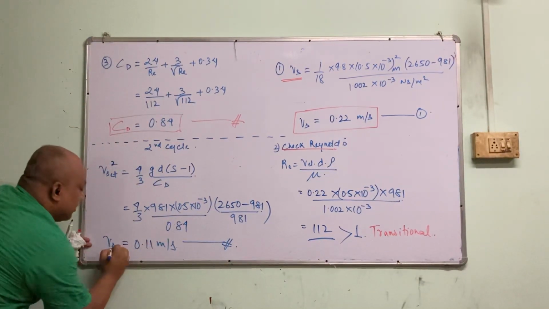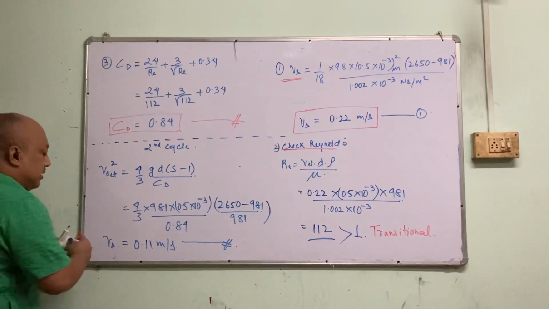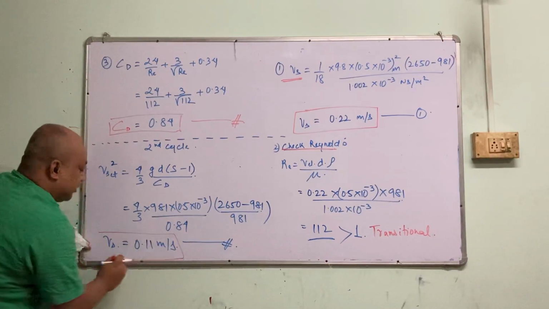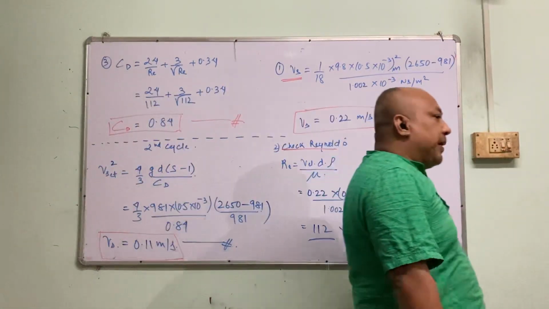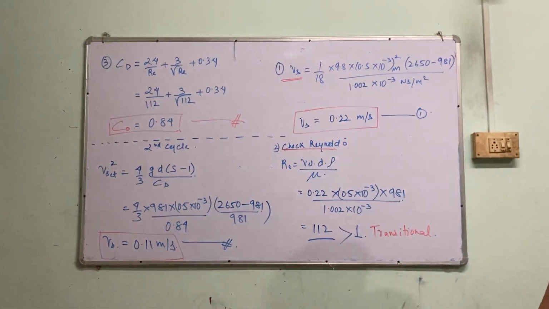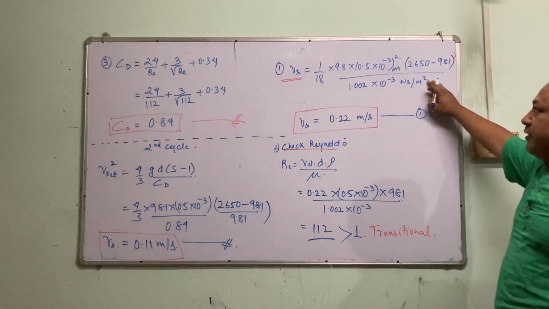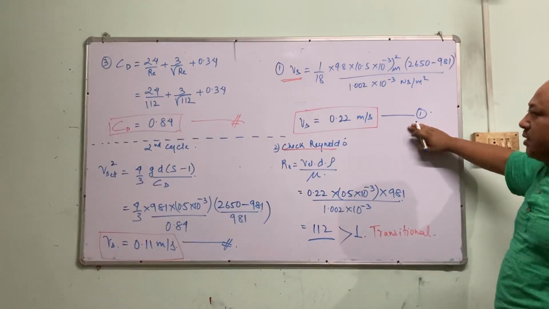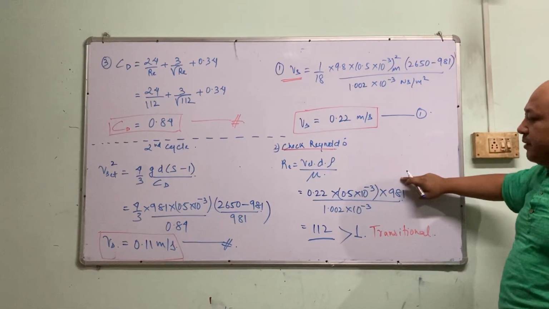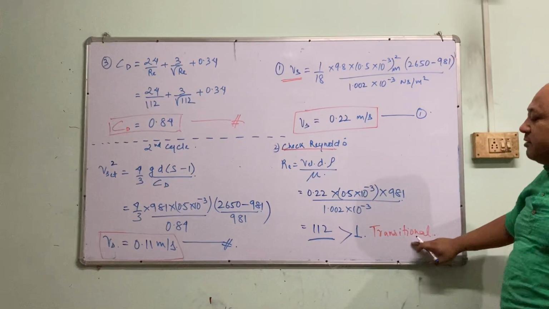Settling velocity, not a square. This is completely a settling velocity. Let me come back again. The first step is find the settling velocity using the laminar equation, the Stokes law equation. Then check the Reynolds number. It is more than transitional.